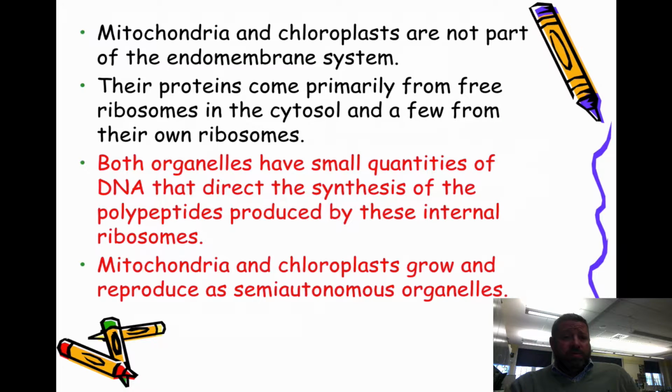Once again, both organelles have small pieces of DNA. The DNA that they have is, instead of being long and thin like our DNA, circular. And it's way, way smaller, has way less genes, and it doesn't change much. So we can look at mitochondrial DNA and compare the mitochondrial DNA of different people from different places around the world.